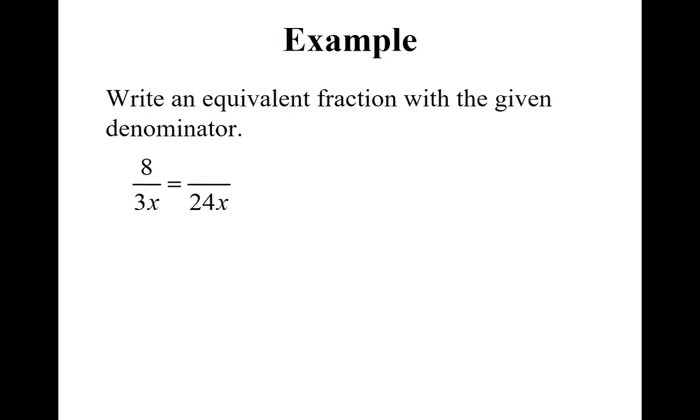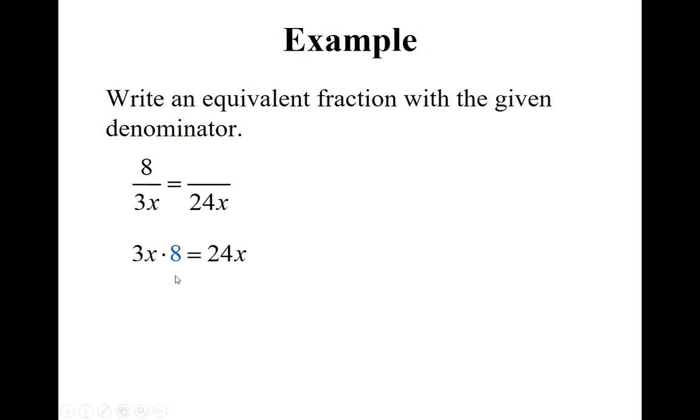Finally, let's take a look at 8 over 3x equals something over 24x. We want an equivalent fraction to 8 over 3x that has the denominator of 24x. 3x times what is 24x?